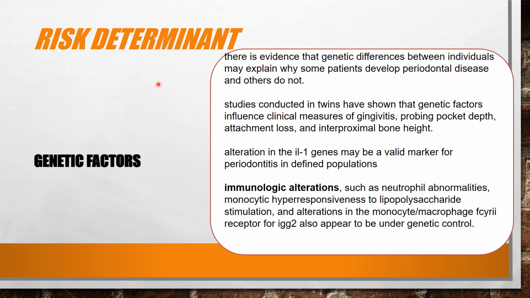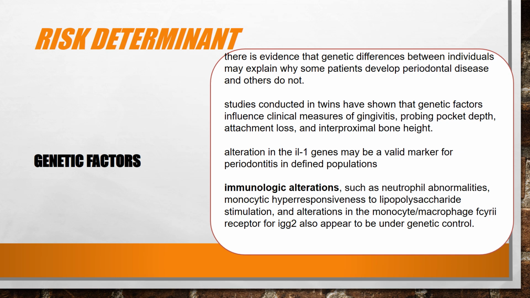Genetic factors: there is evidence that genetic differences between individuals may explain why some individuals develop periodontal disease and others do not. Studies conducted in twins have shown that genetic factors influence clinical measures of gingivitis, probing depth, attachment loss, and interproximal bone height. Alterations in the interleukin 1 genes may be a valid marker for periodontitis in defined populations.